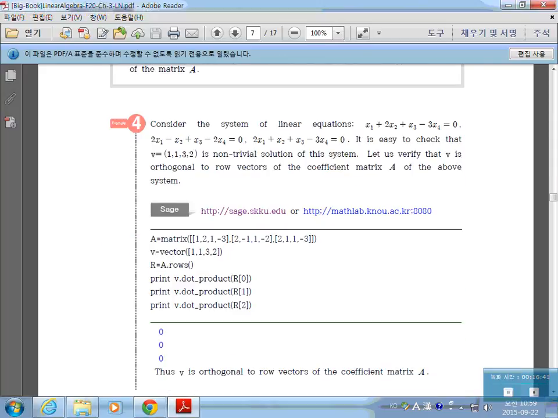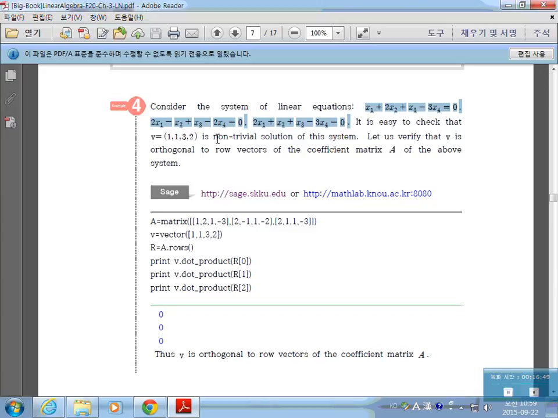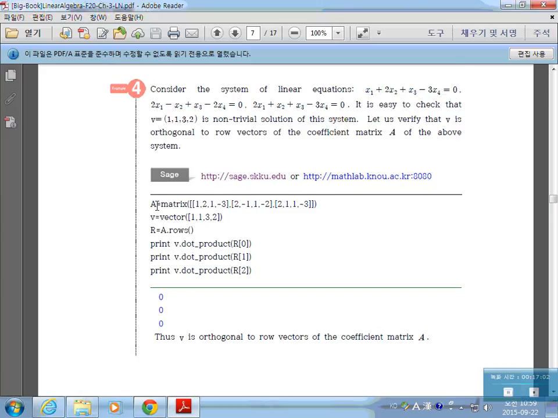Okay. Consider the system of linear equations like this. It's a homogeneous system. Let's check the orthogonality of the row vectors with the solution. From the matrix and vector B, we knew that 1, 1, 3, 2 is a solution vector for this linear system of equations.